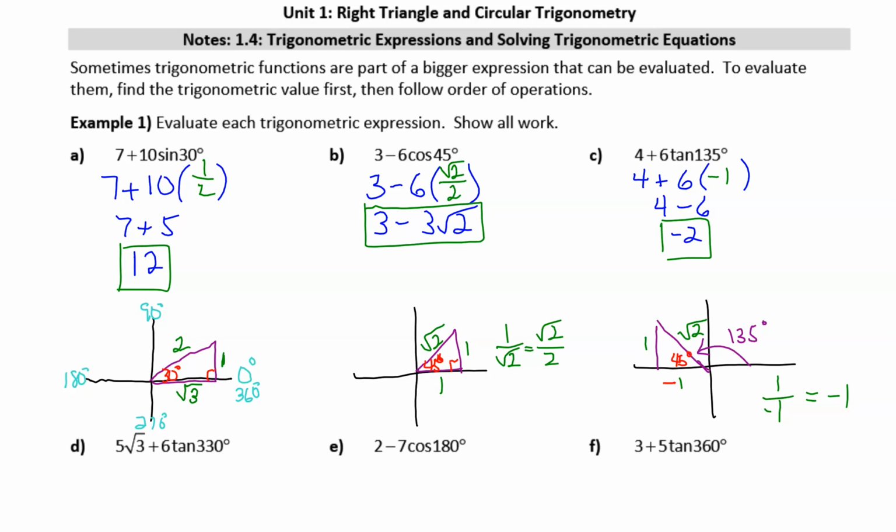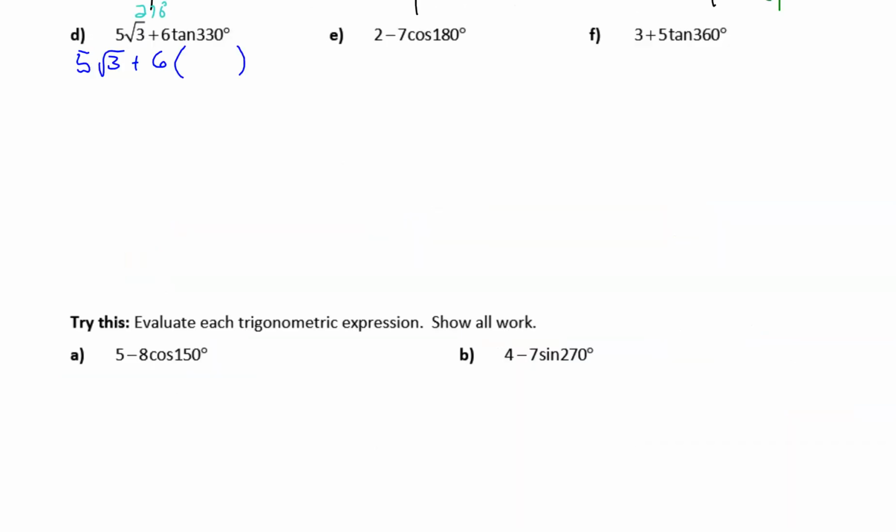In D, we have something that looks a little bit more complicated because now we have a radical expression. To draw a 330-degree angle, which terminates in quadrant 4. 330 degrees is only 30 degrees shy of 360. So our reference angle is 30 degrees.